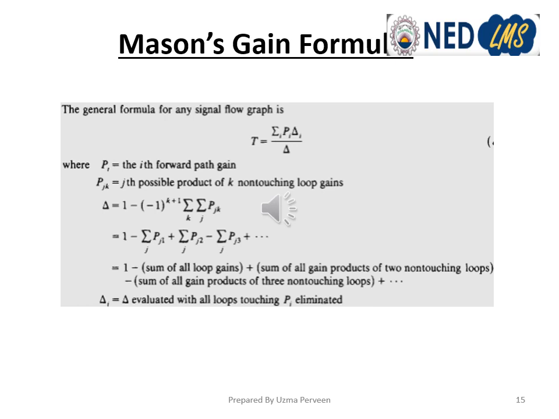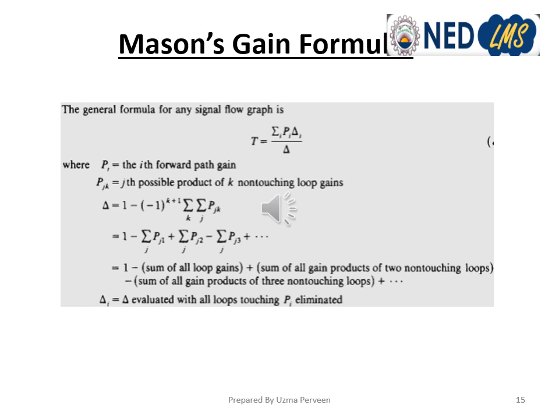All loop gains means summation Pj1, where 1 stands for single loops and j for the number of loops. For example, if your signal flow graph has 4 single loops, then this will become 1 minus, with the minus outside the bracket, summation Pj1, which will be P11 plus P21 plus P31 plus P41, bracket close.